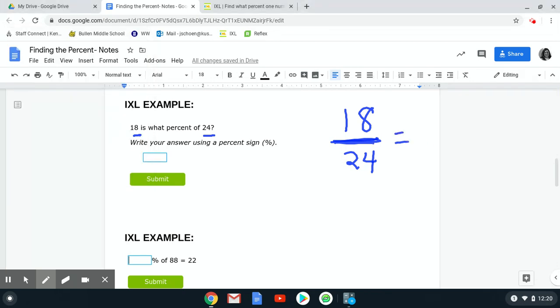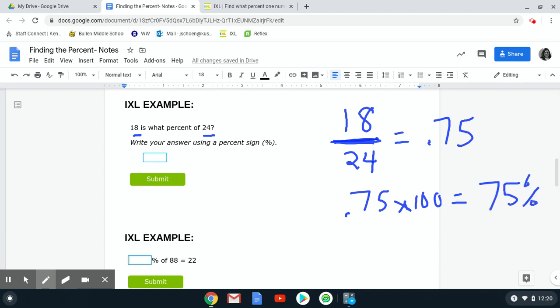That one again is 75 hundredths. Last step, multiply by 100. That gets us to a percent, per 100, and that's going to be 75%. It says write your answer using a percent sign, so I'm going to type in the 7, the 5, and the percent symbol, which is probably on your number 5 key. Don't forget to press shift so that you have a percent sign, and then you can click submit.